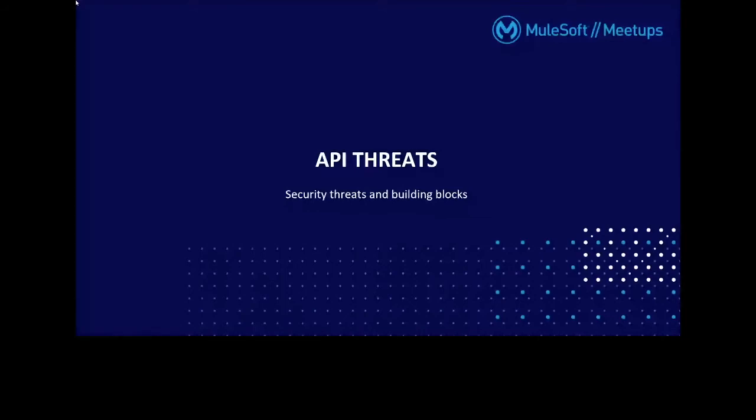And I don't believe there's any Bible out there or any document which says if you do these things, your APIs are fully secured. But knowing the vulnerabilities, knowing your environments, and knowing the data that you will be handling through APIs is one step towards knowing the possible threats and how to counter them.